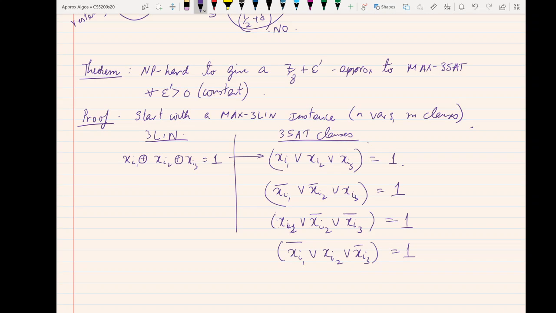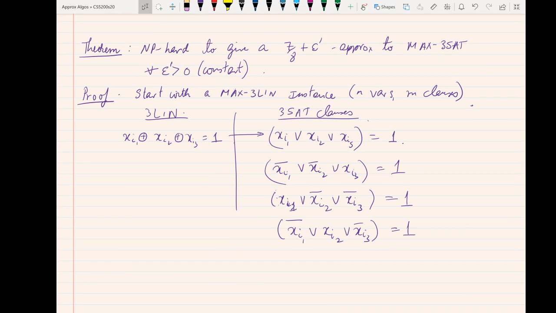These are the 4 clauses that I will write down if the XOR of these is equal to 1, and it's not very difficult to guess what it will be analogously if the XOR of some 3 bits is equal to 0 is one of your 3-Lin equations.